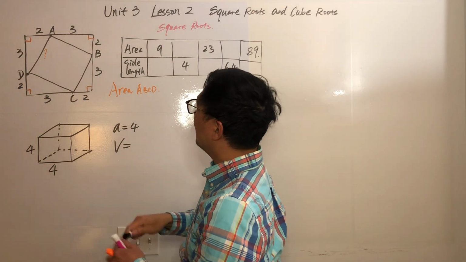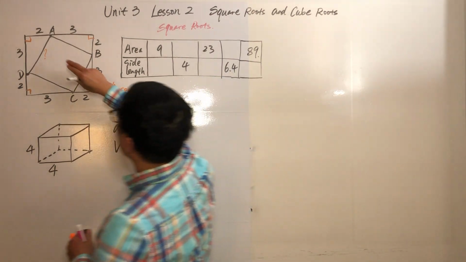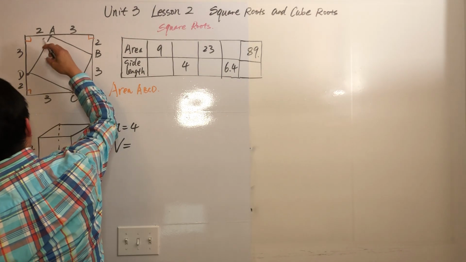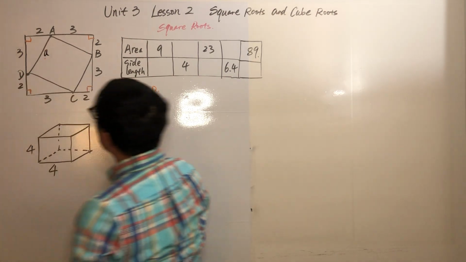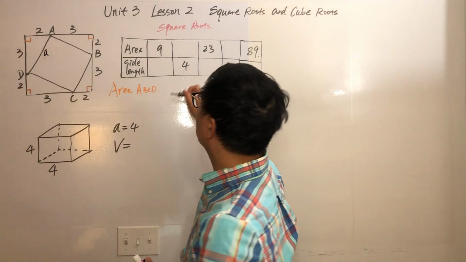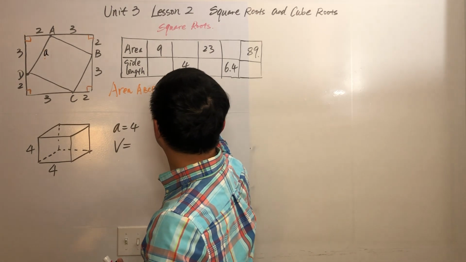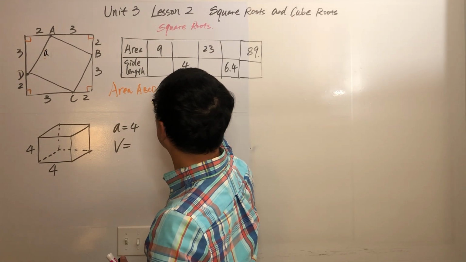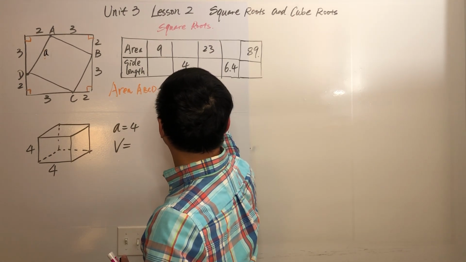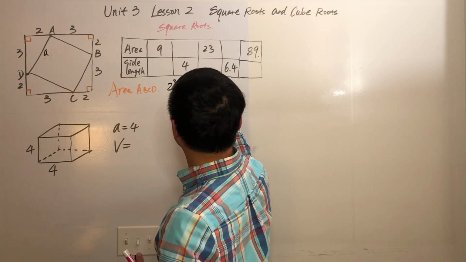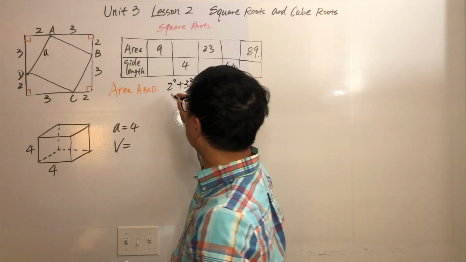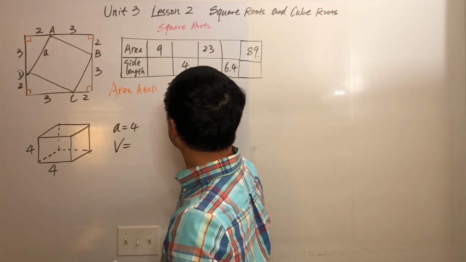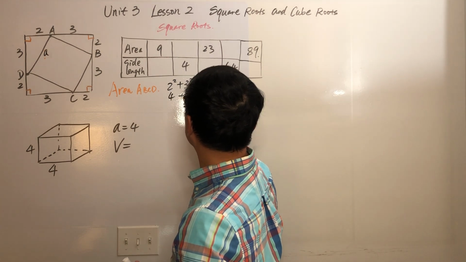For example, let this side be A. Based on the Pythagorean theorem, we have 2 squared plus 3 squared equals A squared, right? So this is 4, this is 9, and this is A squared.